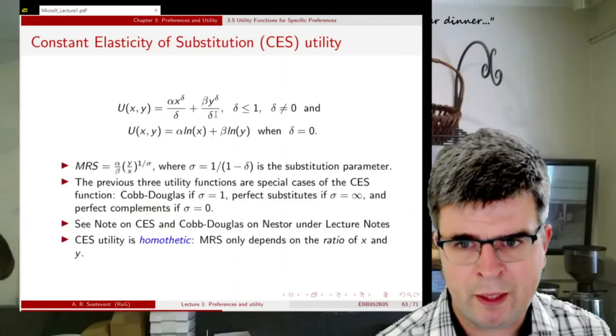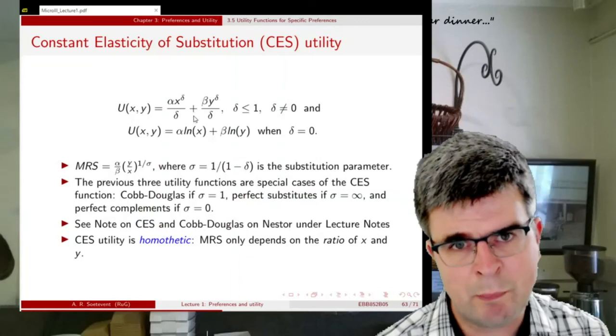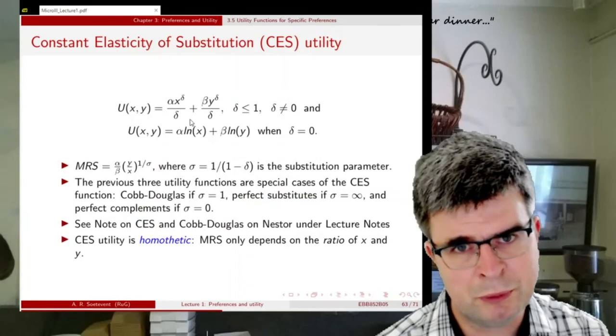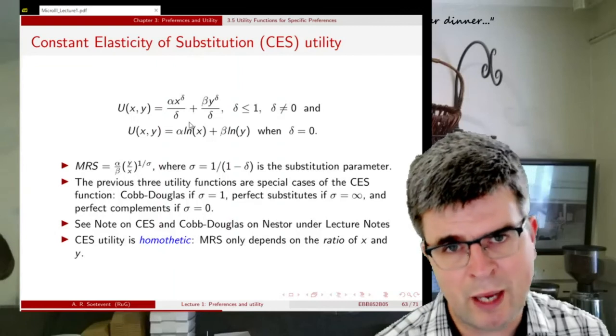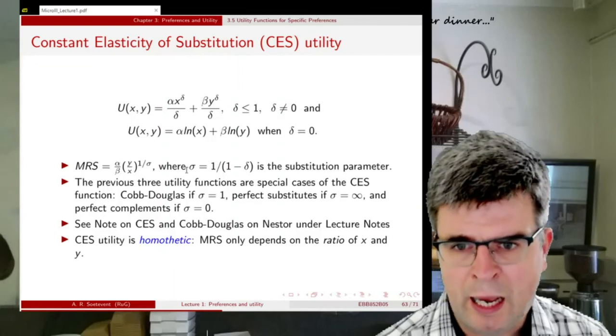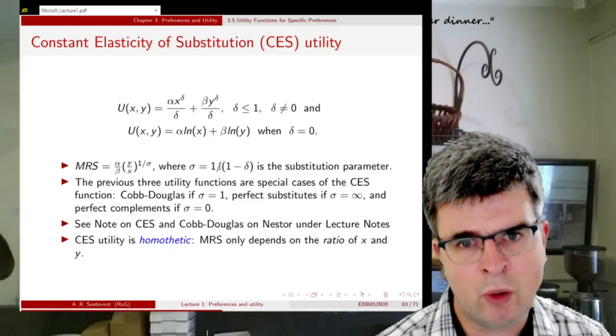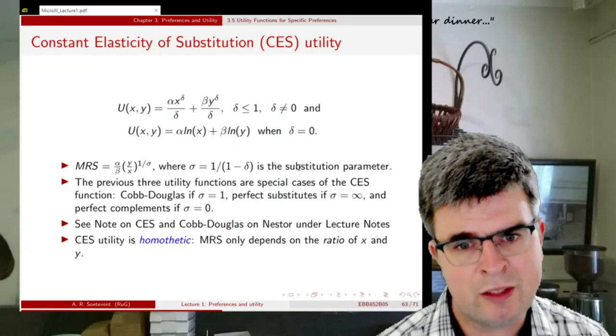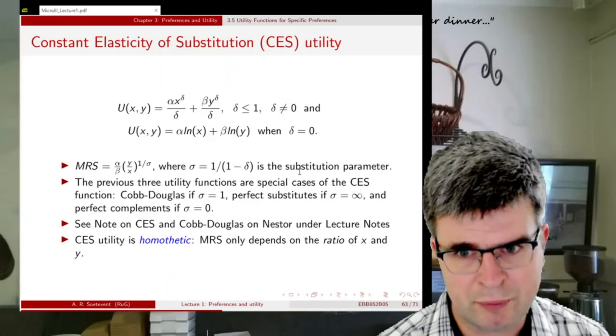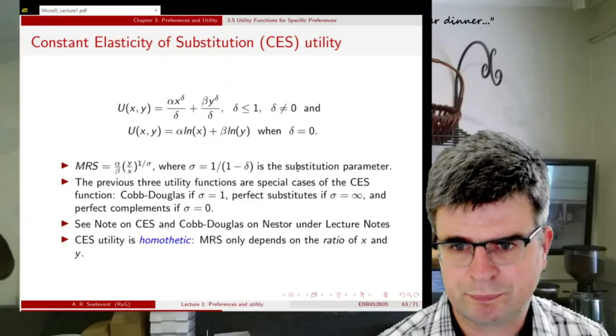So, given this utility function, you can also compute the marginal rate of substitution by taking the derivative with respect to x and y. And we define sigma to be 1 over 1 minus delta, which is the substitution parameter of the CES utility function.